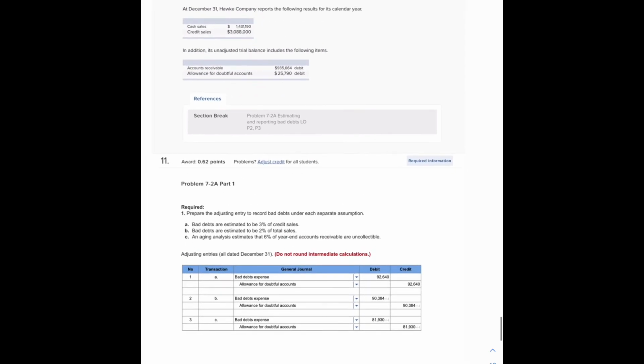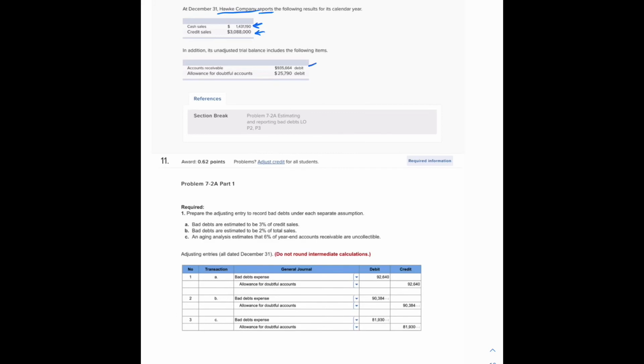So in this question, it tells us that at December 31st, Hawk Company reports the following results for the calendar year. Cash sales, $1.4 million, roughly, and credit sales, roughly $3.1 million. They then tell us, in addition, its unadjusted trial balance includes the following items.